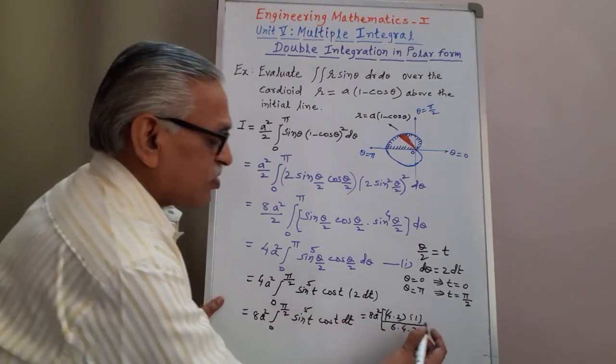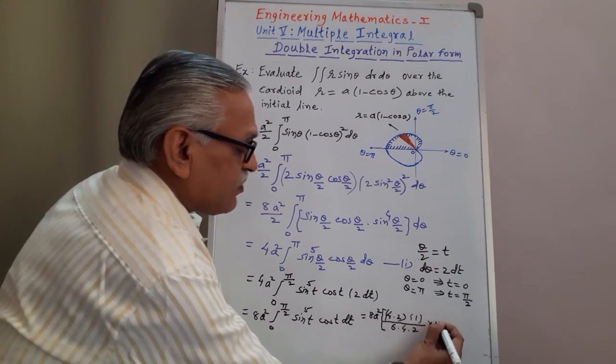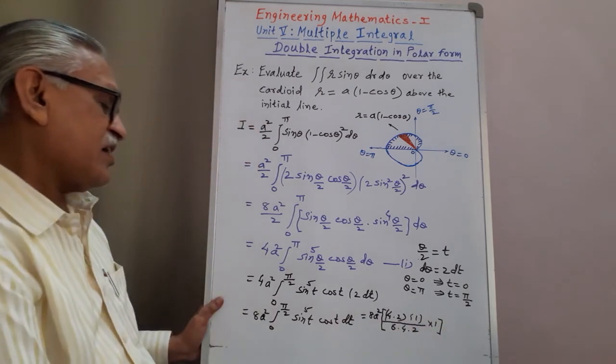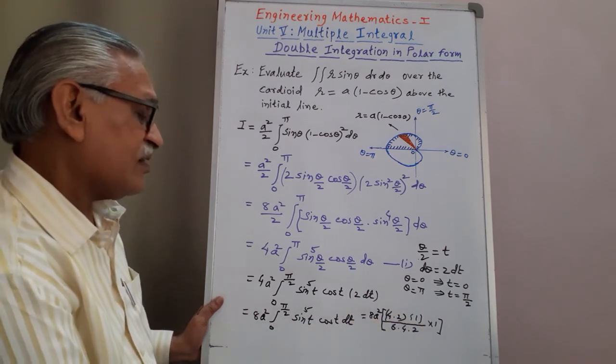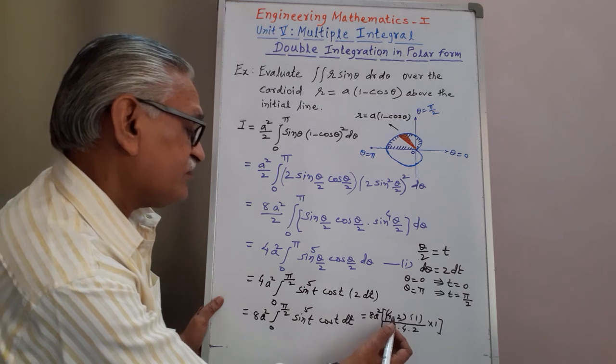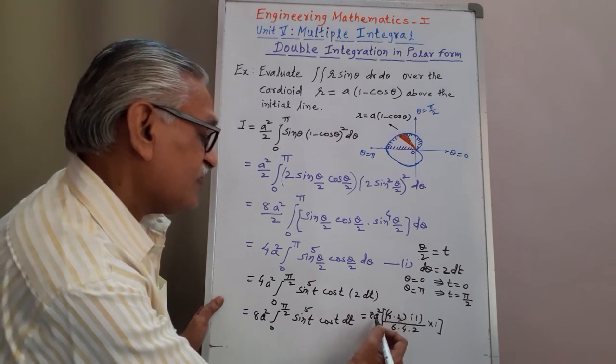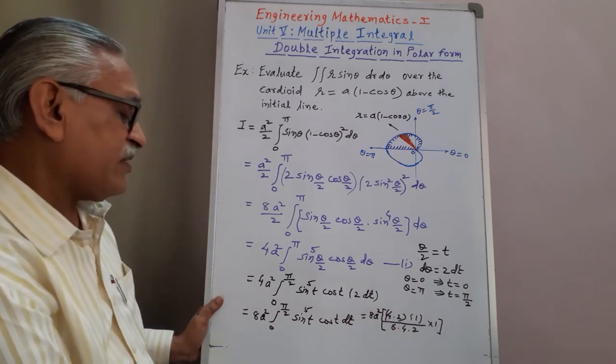Here both are odd, and therefore we consider the value of k as 1. Okay, and then simplifying it, 8 gets cancelled, therefore it is 8a square by 6.